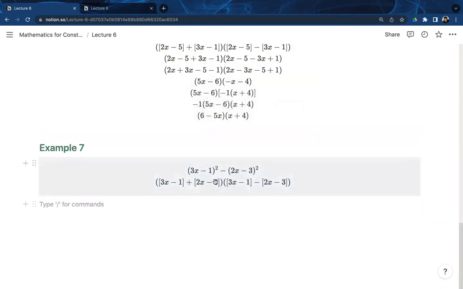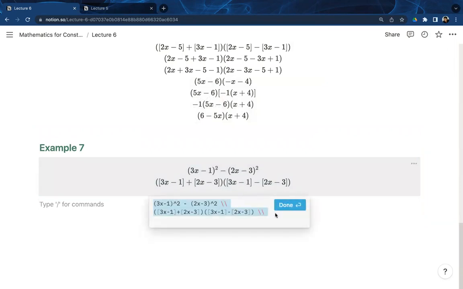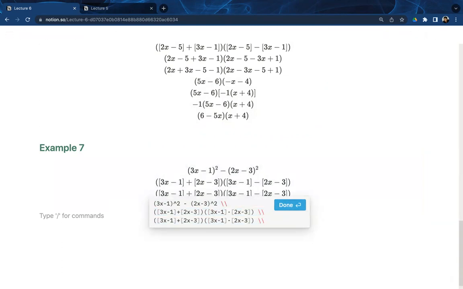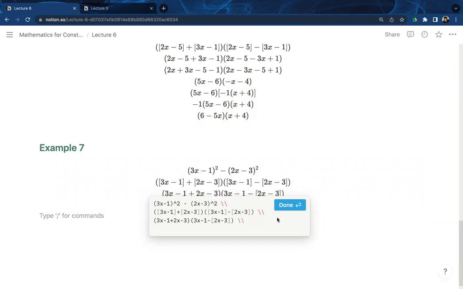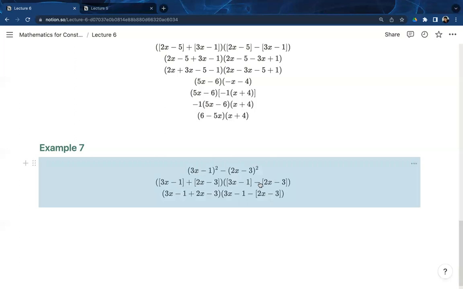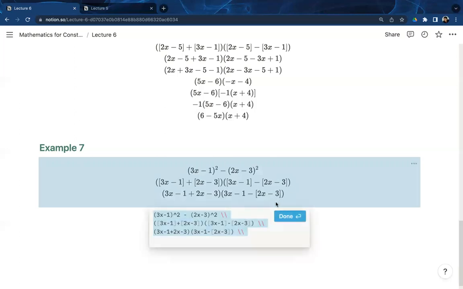So this is A, 3x minus 1, this is B. So A plus B by A minus B. What we could do, remove the brackets. This negative sign here must be multiplied by everything in this square bracket, so I'll get negative 2x plus 3.